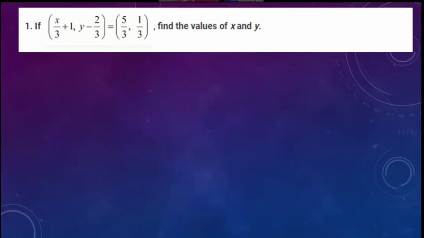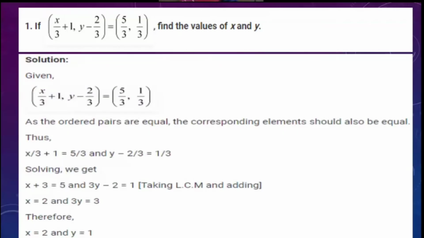Okay. Again, this is also one more question. If (x by 3 plus 1, y minus 2 by 3) equal to (5 by 3, 1 by 3), find the values of x and y. So how are you going to find the values of x and y? As the ordered pairs are equal, the corresponding elements should also be equal.